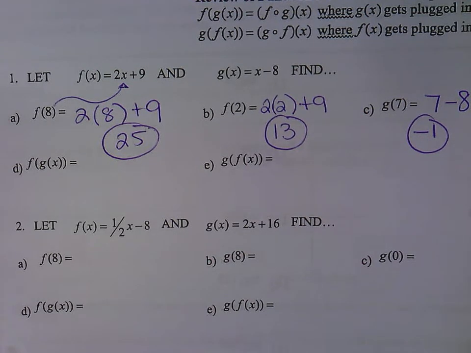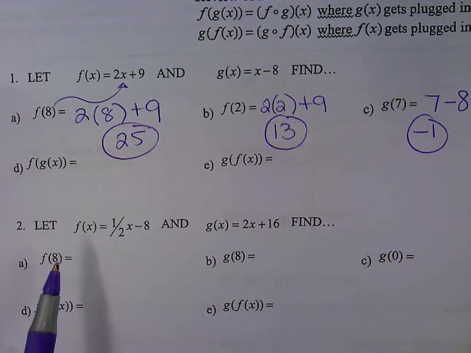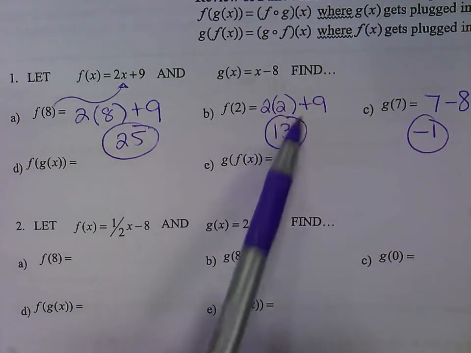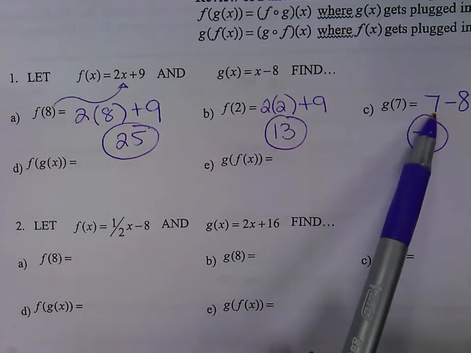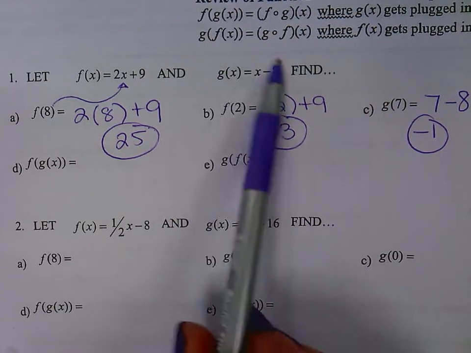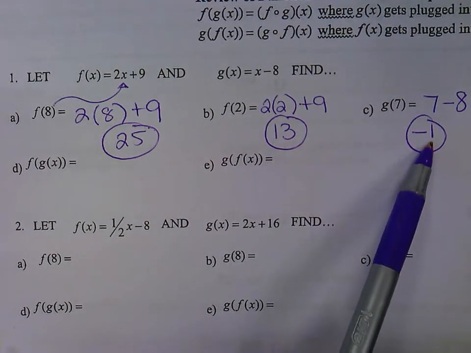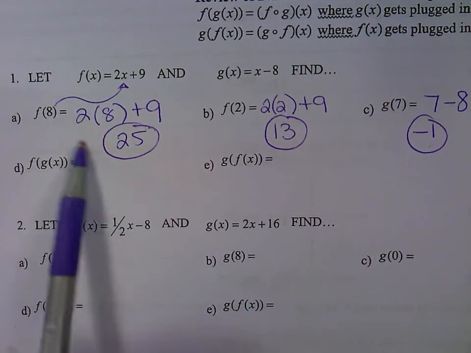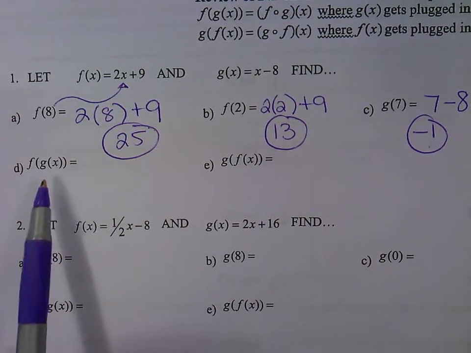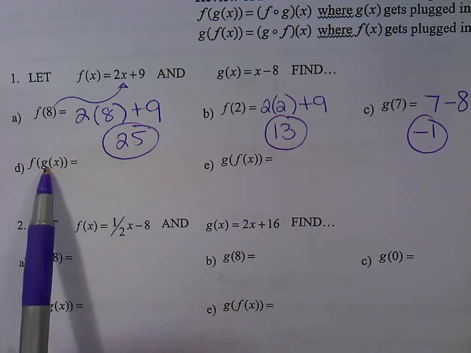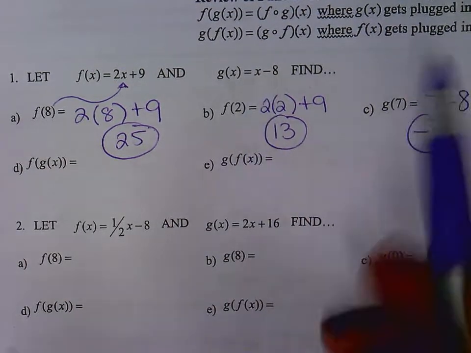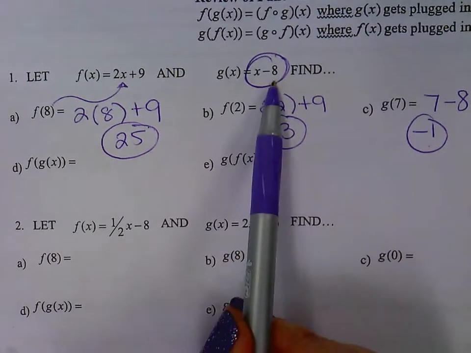Okay, so now f, right? 4 plus 9. I plugged 7 into the other function, and 7 minus 8 is -1. Okay, so now this looks different than what I just did. So I need to actually put the entire function g of x is x minus 8. See that I circled it?